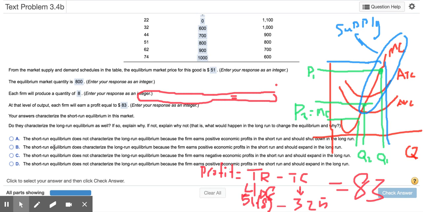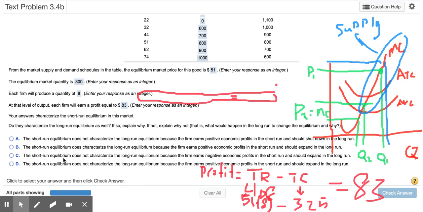So the short run equilibrium does characterize the long run equilibrium because the firm earns a positive profit in the short run and should expand in the long run. So this is not bad. Let's leave it aside. Let's see if the other two options are wrong.